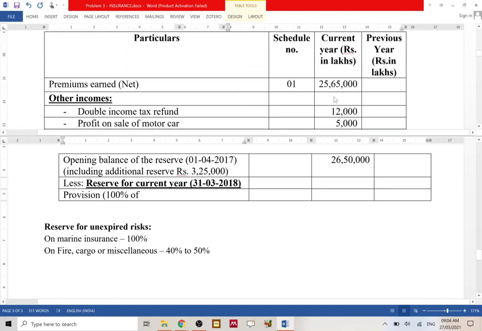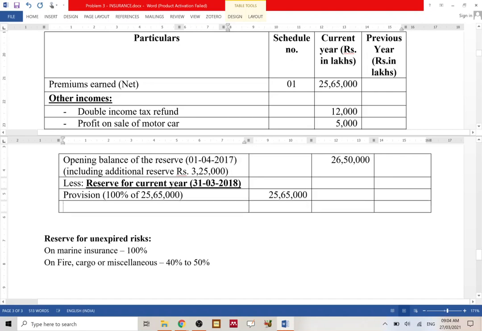The premium we have calculated is 25,65,000. So always maintain, in case of marine insurance, a provision of 100% in the absence of any information given. So 25,65,000 is the provision.